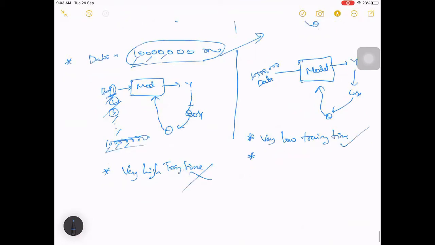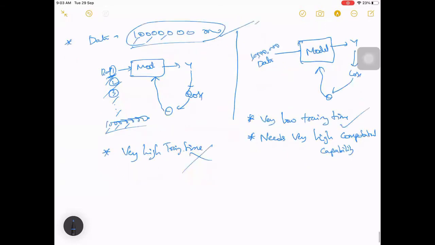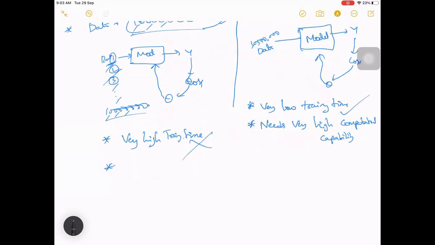So it needs very high computational capability. The RAM and GPU should be very high for this kind of scenario. This other case doesn't require that.